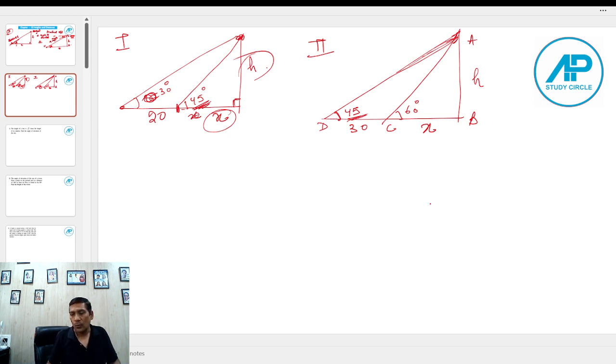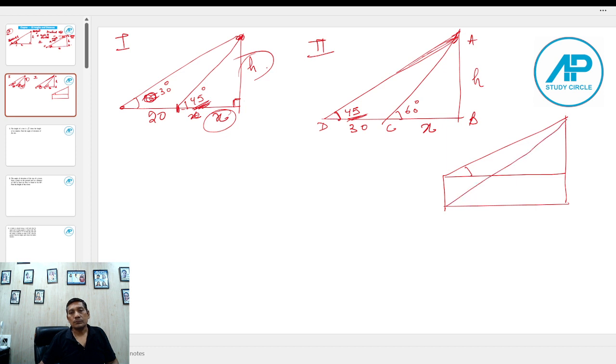The third case which a man can make is: a man observed the top of the building from the ground such that angle of elevation is 45.